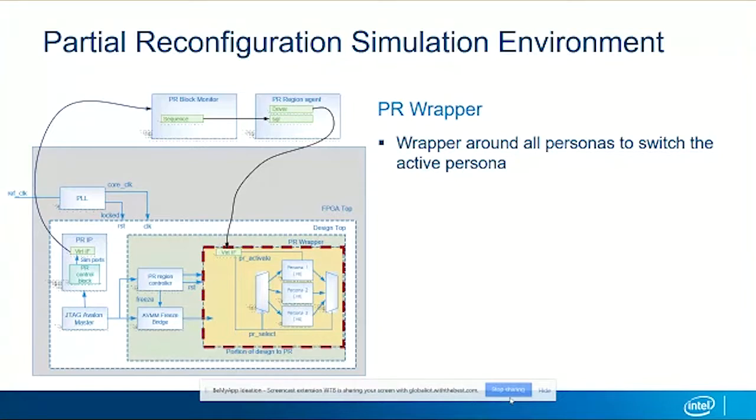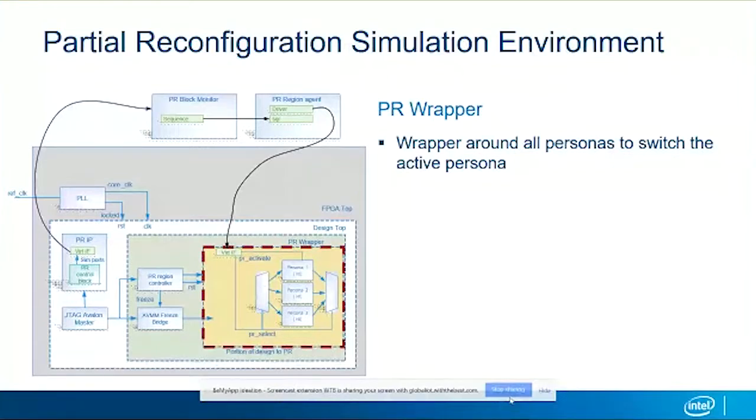Now the output mux itself can drive don't care conditions while PR activate is asserted. So this enables you to emulate the outputs of the PR region being undefined during a PR operation.